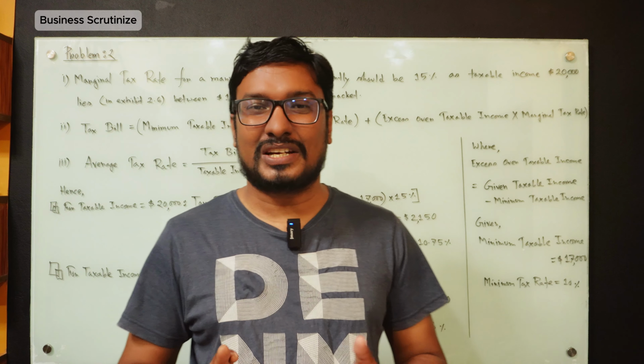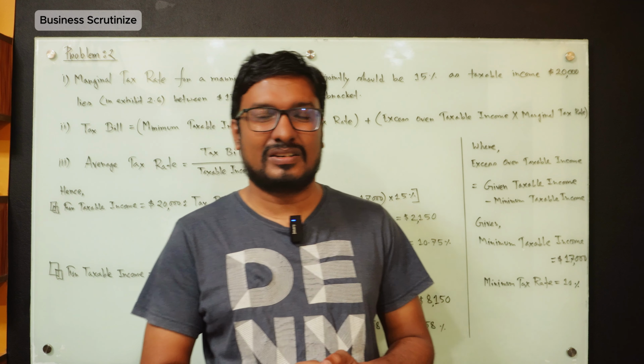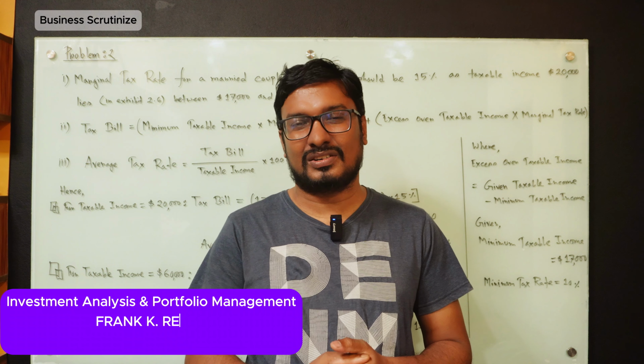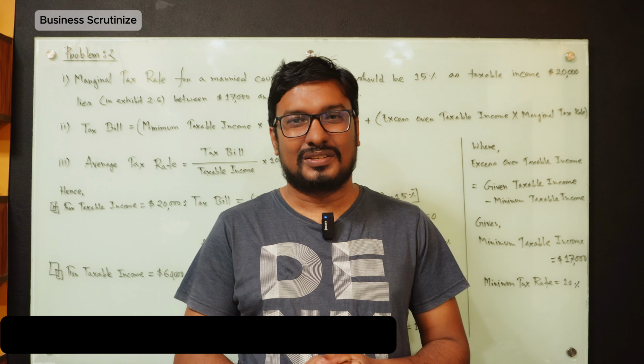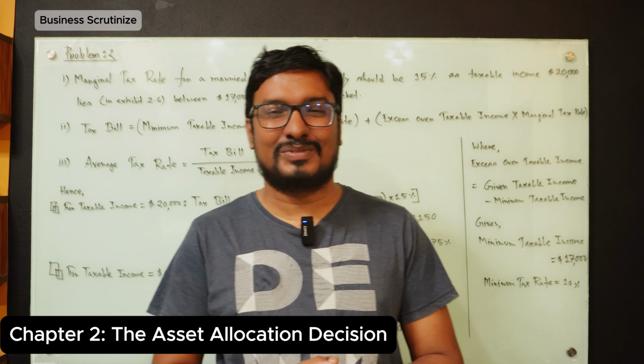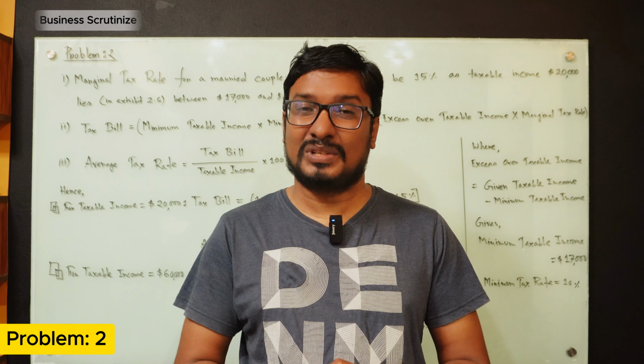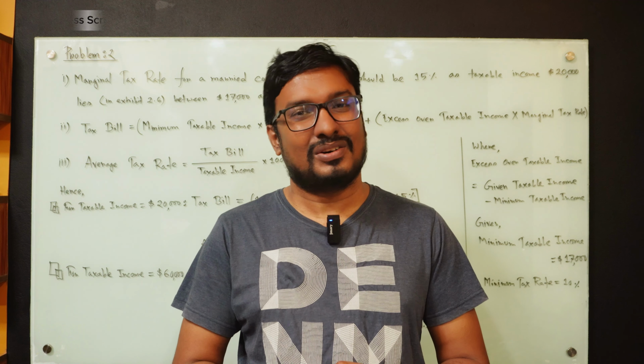So in this way you can compute all of these requirements from the data given in Exhibit 2.6 or any other given data. Hopefully you have learned how to solve this problem, and this will be very helpful for your understanding to compute similar math in your exam or anywhere.